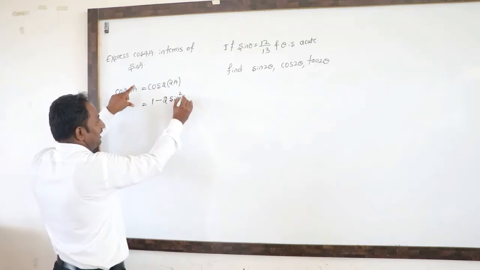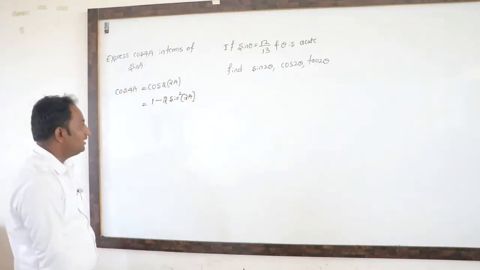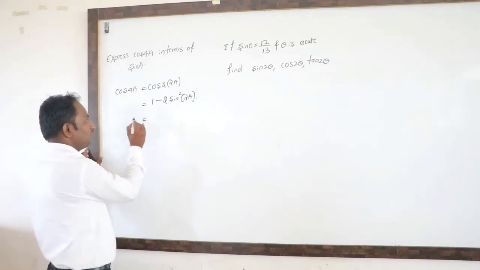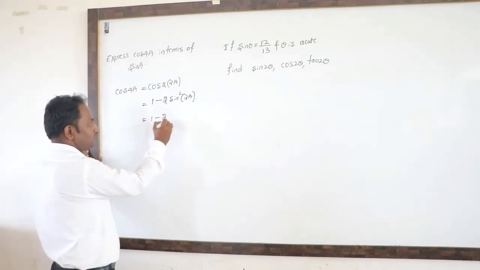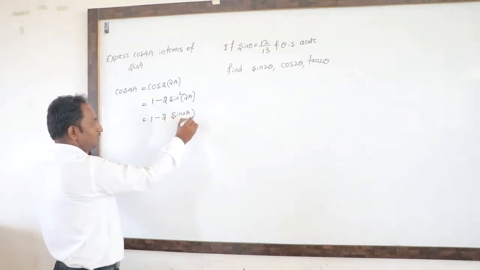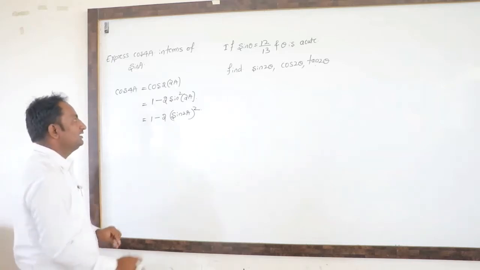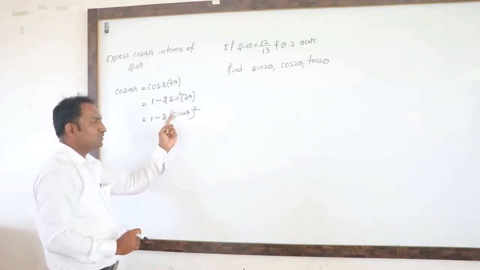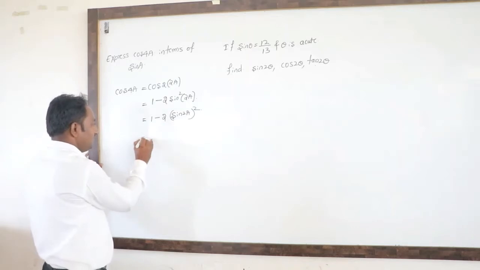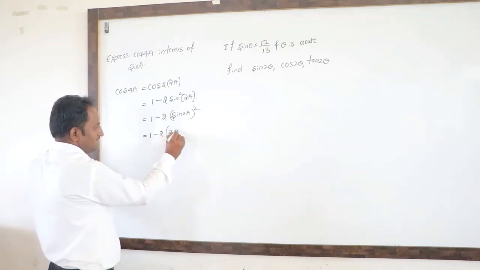In terms of theta, 2a, sin square theta. That is equal to 1 minus 2 sin of 2a whole square. Here we know the formula sin of 2a is 2 sin a cos a.